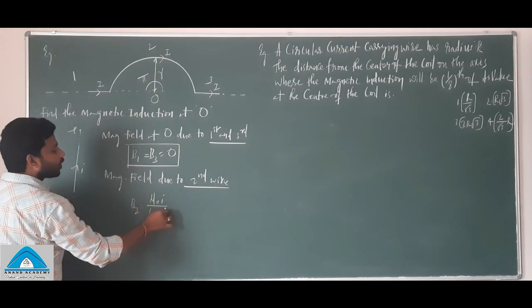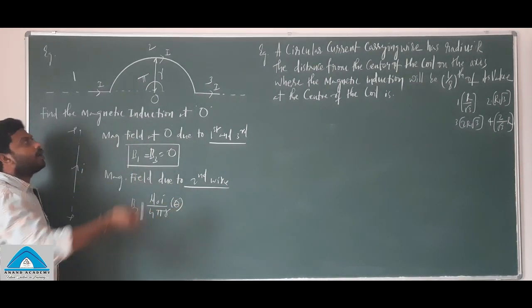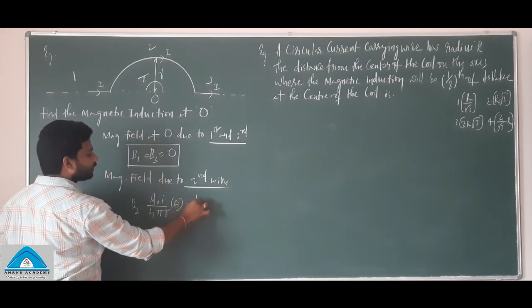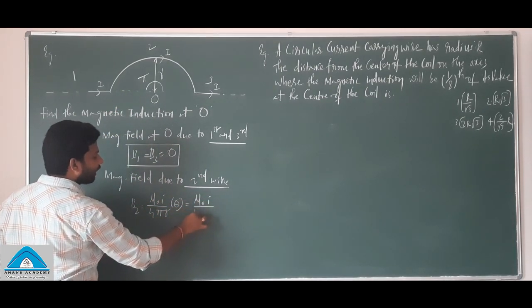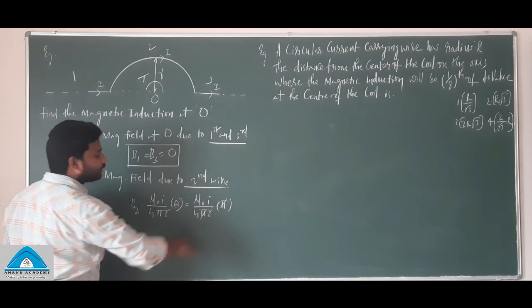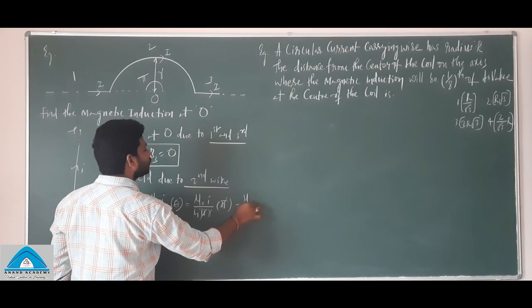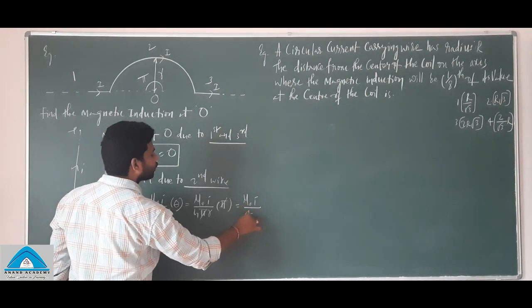What is the theta here? Pi. So the same thing I am writing here: mu naught I by 4 pi r into pi. Pi cancels. So the final answer here is mu naught I by 4r.